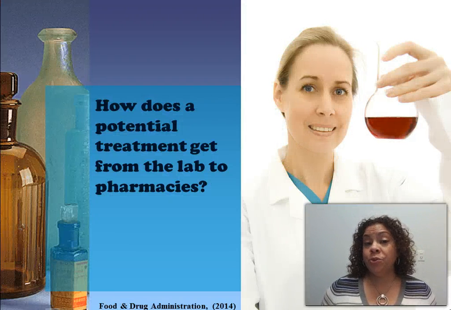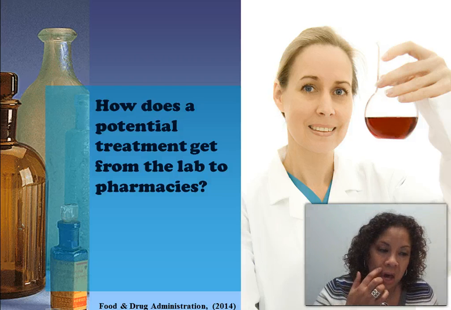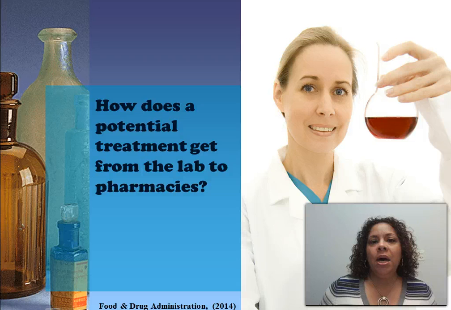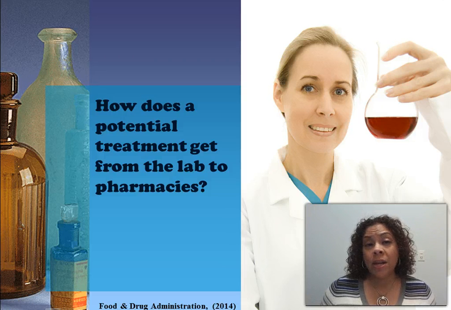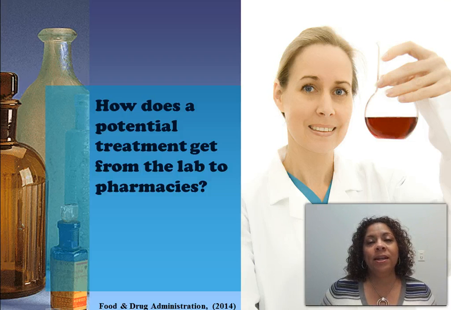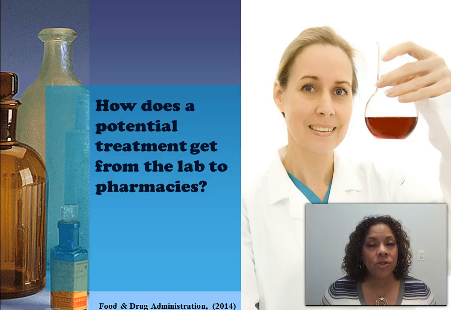So how does a potential treatment get from the lab to the pharmacy? If you have a scientist who has discovered a molecule that is a potential treatment, again, you have to go through the clinical trial process, and this is required by the Food and Drug Administration, who regulates the process of drug approval, and also indicates that before any drug can even be reviewed for approval or to be sold, it has to go through the clinical trial process, and it has to be able to demonstrate that the molecule that you've tested is safe and efficacious in treating a patient disorder.